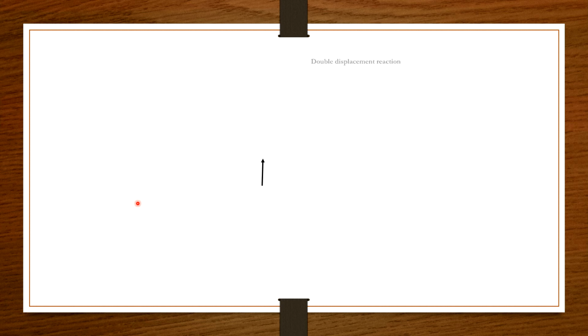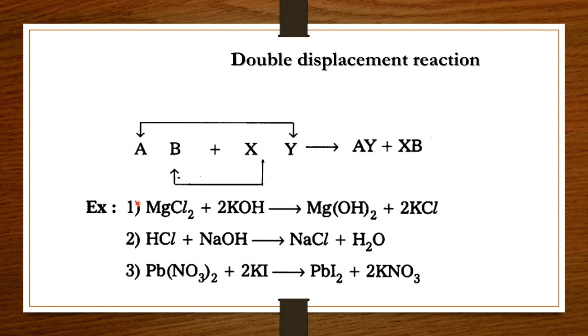Okay, now what is meant by a double displacement reaction? Here in this figure AB is one reactant, XY is another reactant. Here is just an exchange of ions. Okay, so A combines with Y, it forms the product AY, and B combines with X, it forms XB.